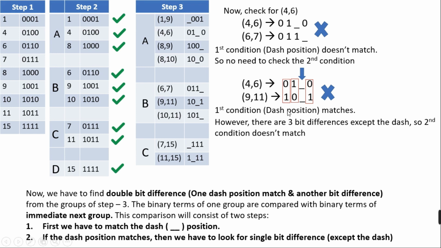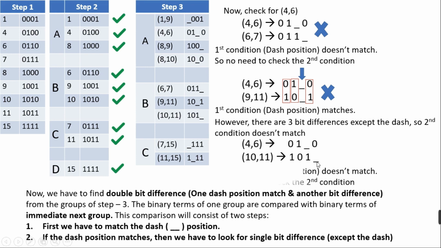You get the idea, I guess, that for a valid comparison you need to match both of these conditions, not only one. Let's move on to the next one. Here you can see that 4 6 is compared to 10 11. The dash position didn't match, so we're definitely going to discard this one.